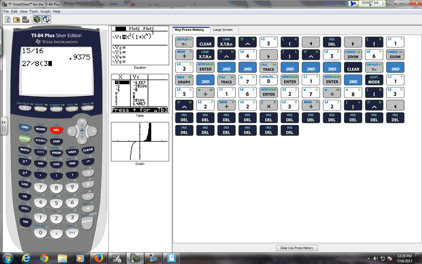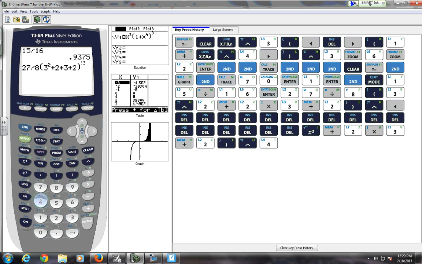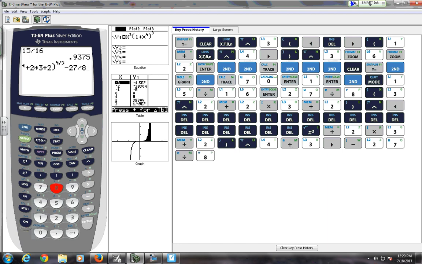All right, back to scratch here. 27 over 8 times 3 squared plus 2 times 3. There we go. Plus 2, raised to the 4/3, minus 27 over 8. Notice 0 squared plus 2 times 0 is 0. So that just leaves a 2 there, raised to the 4/3.